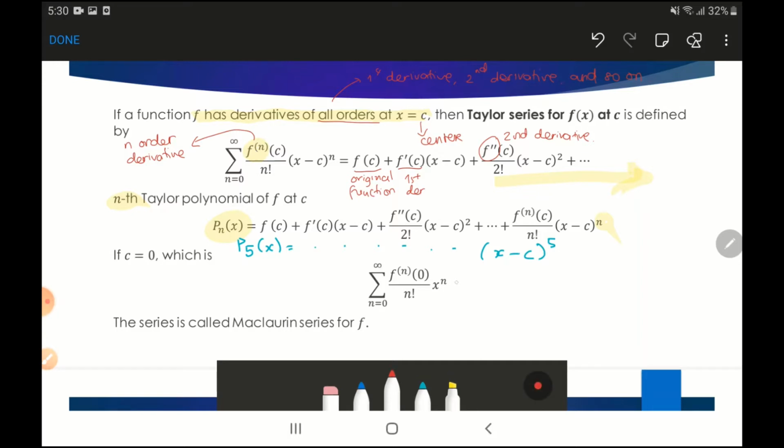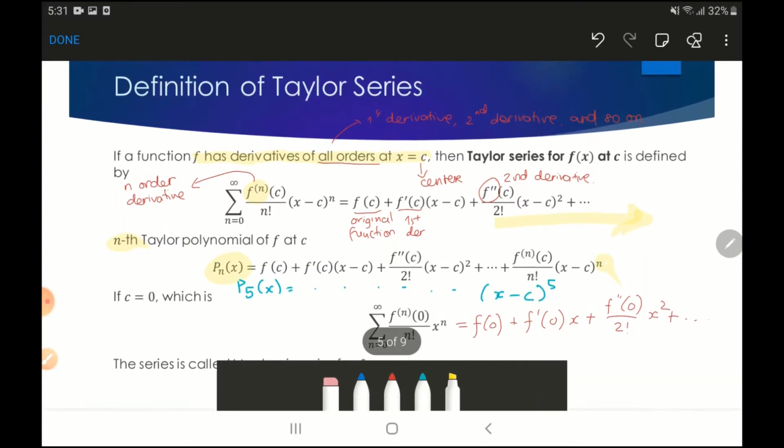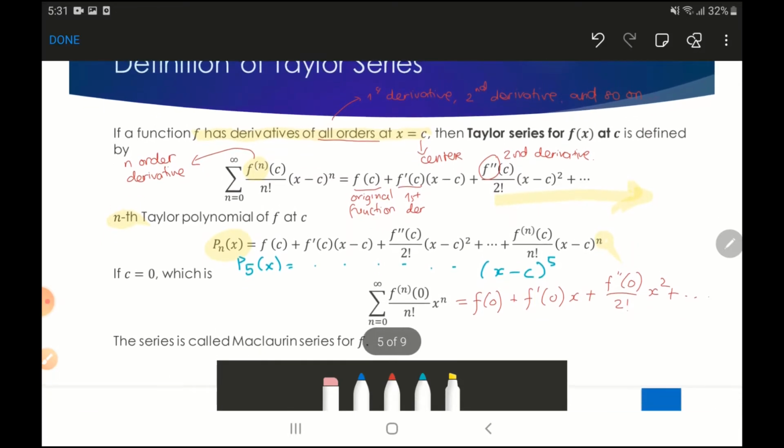If we expand this, we get a simpler summation: f(0) plus f'(0) x plus f''(0) x squared over 2 factorial, and so on. So this is our Taylor and Maclaurin series.